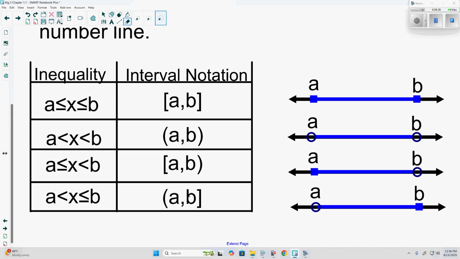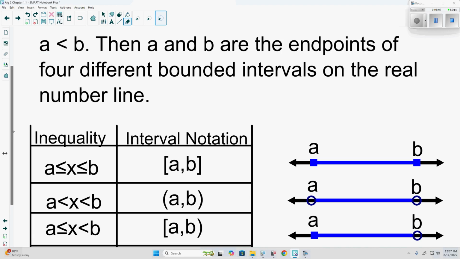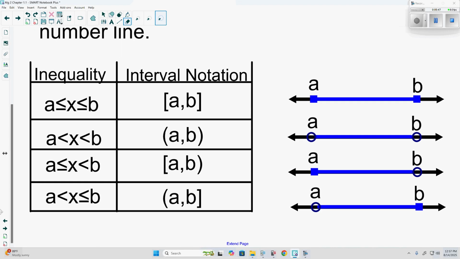Those are the three, or really the four types of bounded intervals that we can have. Questions on bounded intervals?